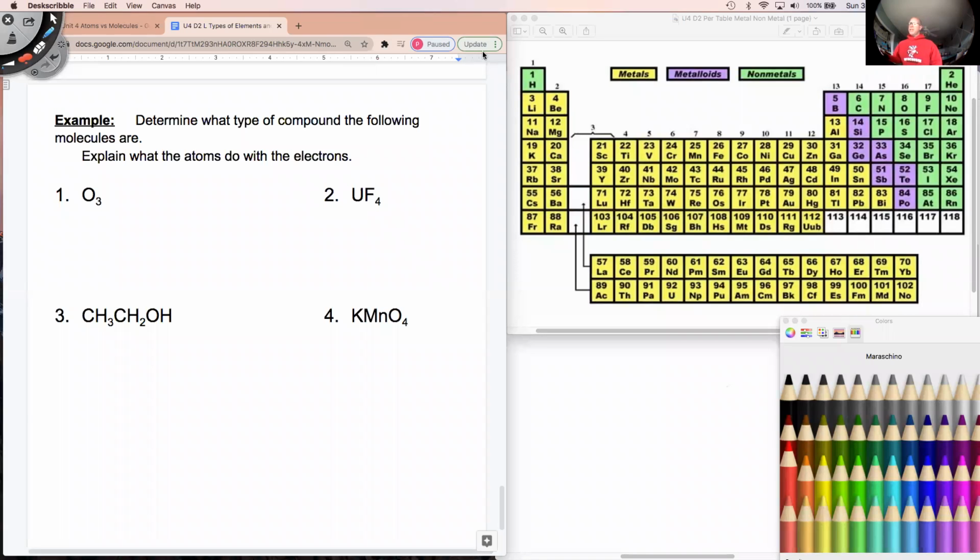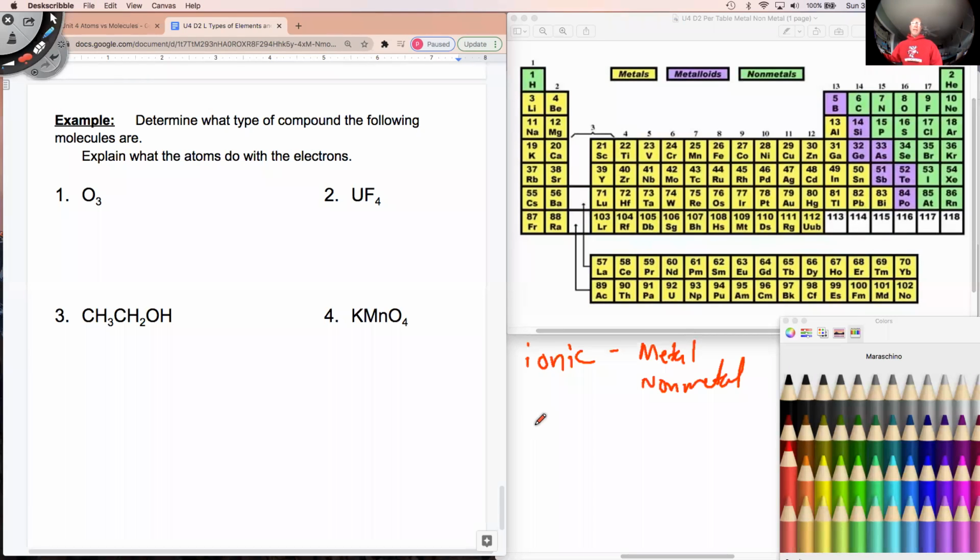So now let's just summarize what we've learned today. We're going to determine right now whether these are metals, non-metals, or metalloids, and then whether they are going to be ionic compounds, right? An ionic compound is a metal mixed with a non-metal.